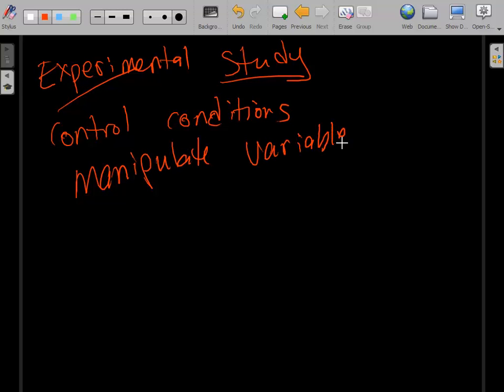In other words, we are looking to see a causal relationship here. Okay, so if we can control all experimental conditions and manipulate only one variable, then we would be able to see if our variable that we're manipulating influences an output. So in this case we have two variables still, but we have what we call an independent variable.